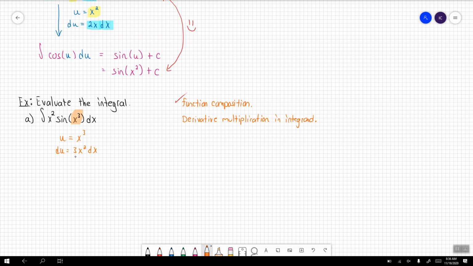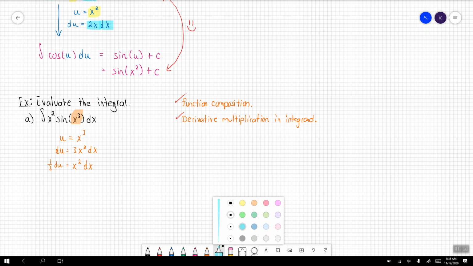What we're going to do is simplify this a little bit. I'm going to divide my differential by 3 on both sides, which gives me x squared dx. X squared dx, we definitely see that in the integrand. That is awesome.